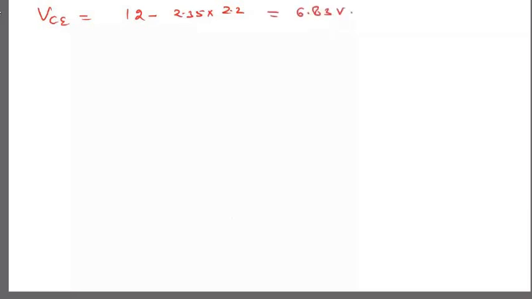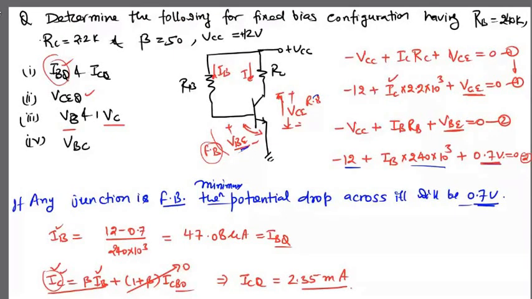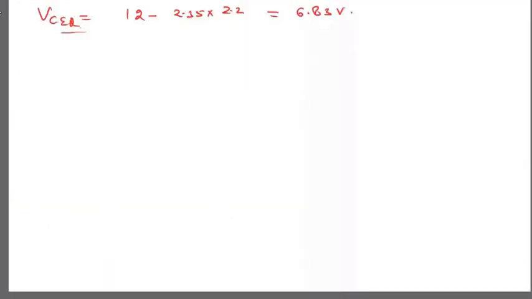Now we have to calculate this point. This is very important: VB, VC, and VBC. You see, VBC equals VB minus VC.